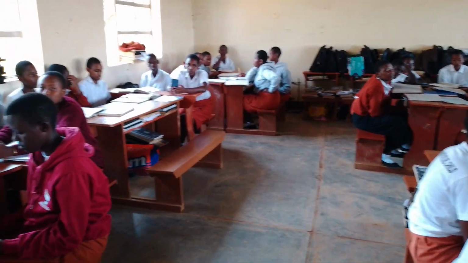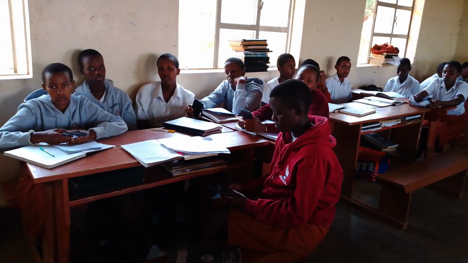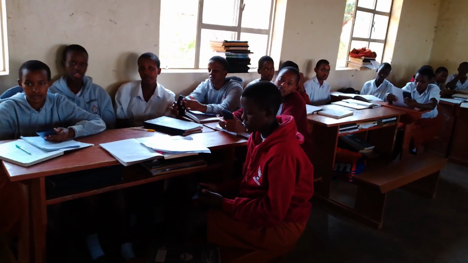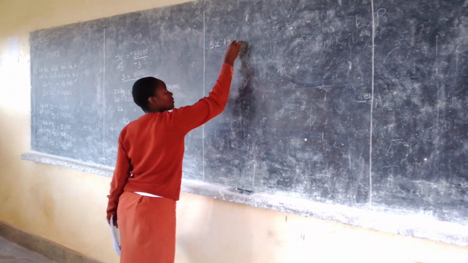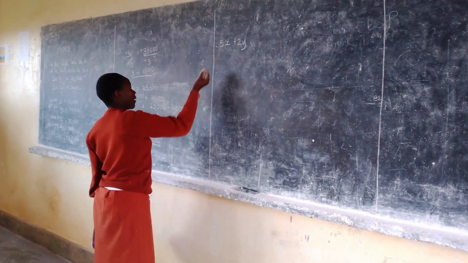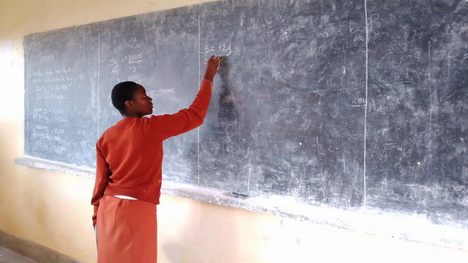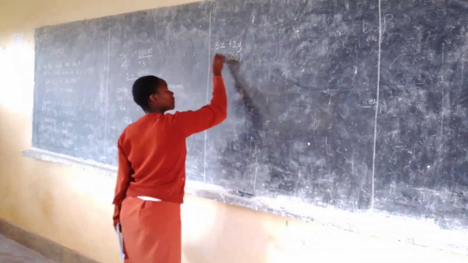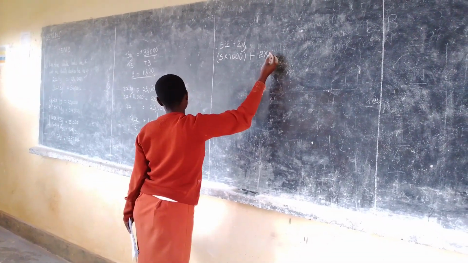And now they are saying that the school has asked him to supply 5 single beds and 2 double-decker beds, so we have 5x plus 2y. And our x is equivalent to 7,000, plus 2 times y, which is equivalent to 11,000.